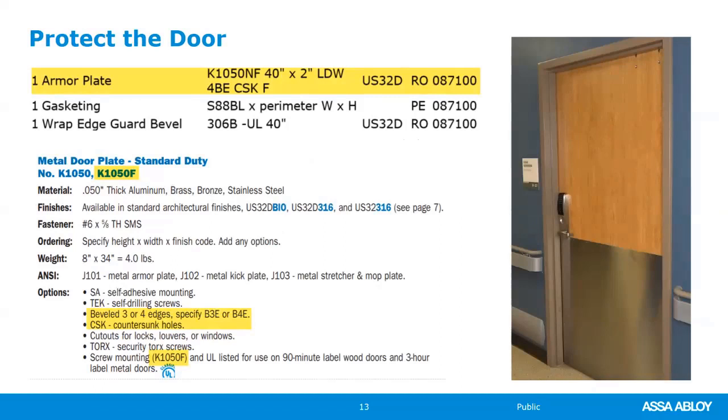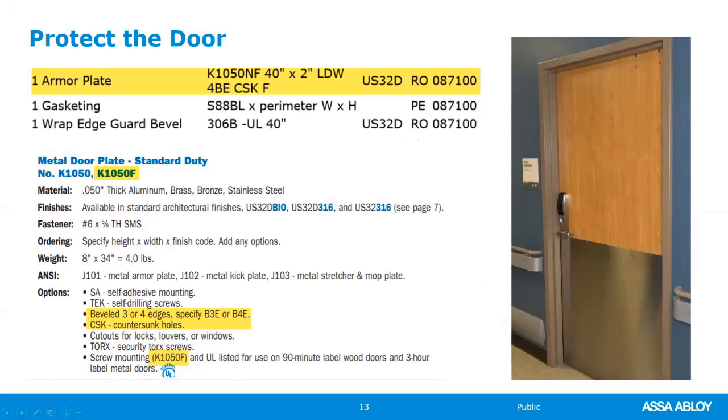The Armour Plate protects the lower half of the door. Because it is a fire-rated door, it does need to have the F suffix for fire rating. It can be used on doors up to 90-minute wood doors and up to 3-hour metal doors. 40 inches high is about the right height to be able to protect the bottom of the door without interfering with the lock set. You can see this goes right up to the bottom of the lock.